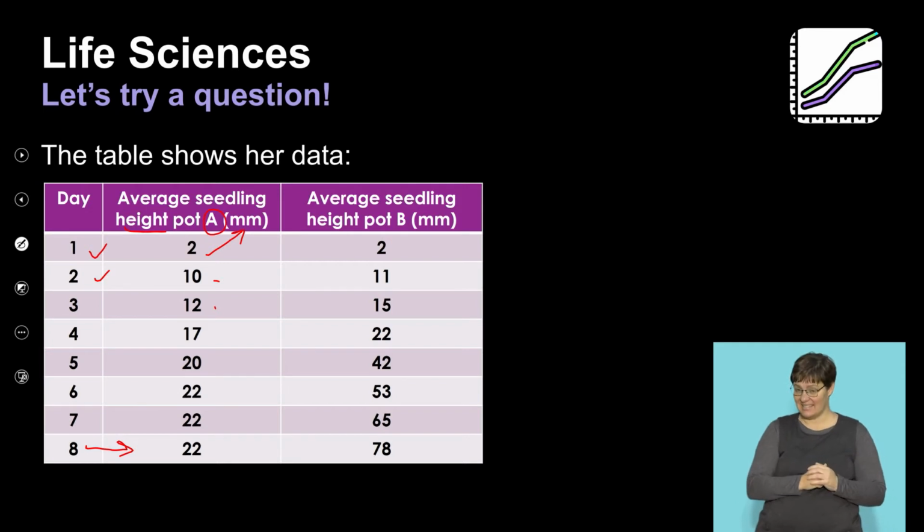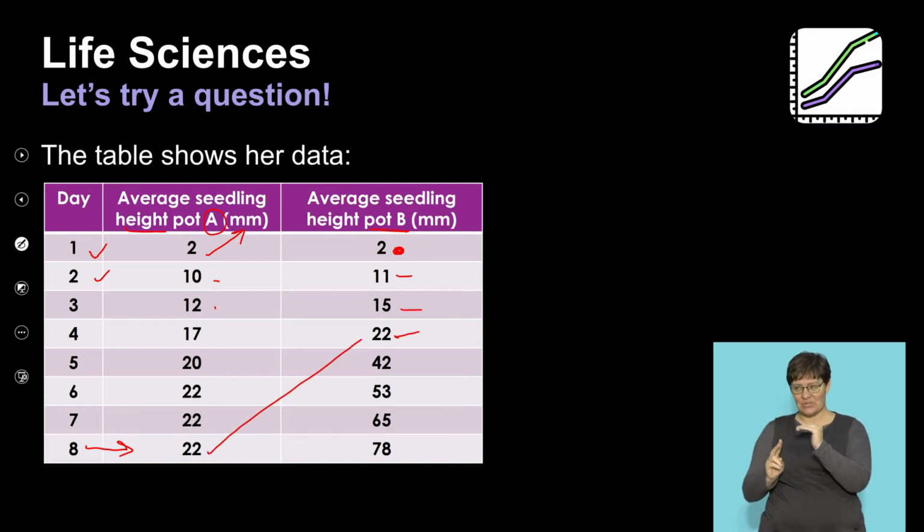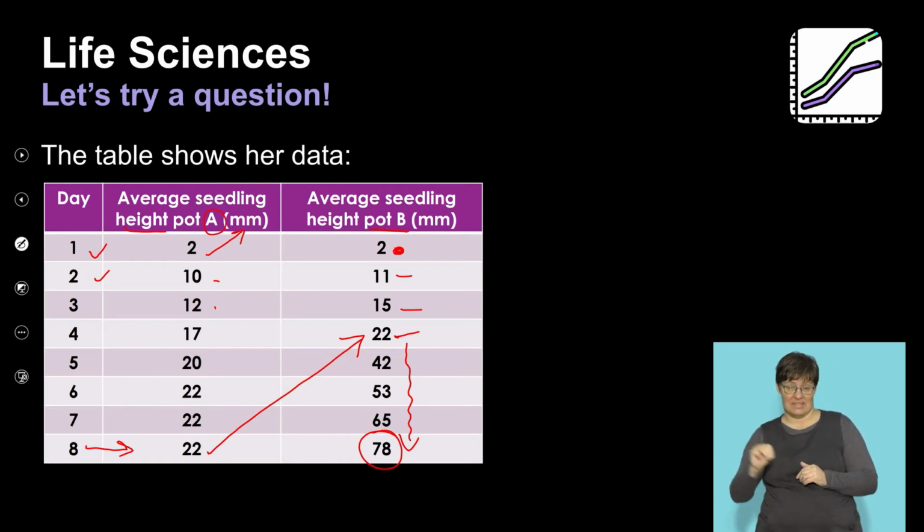In the meantime, what was happening in pot B? Well, also starting at 2 millimeters for the first day, 11, 15, 22, just have a look at that interesting point, all the way up to 78 millimeters.